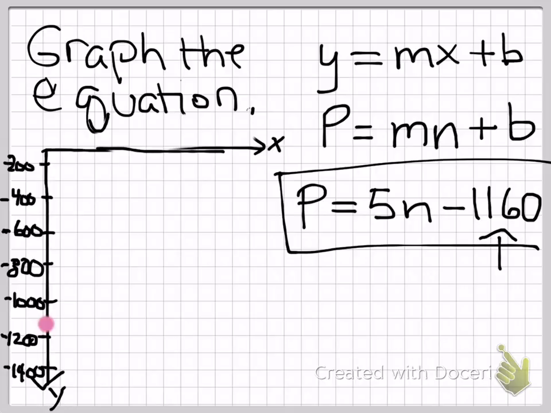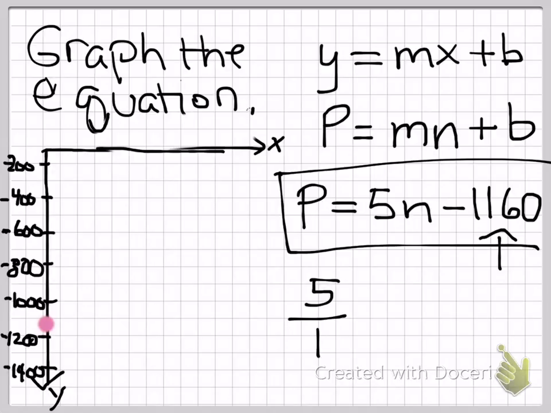Then we're going to be going up 5 over 1. So since our y-axis is such a large scale, we're going to have to think of what would be the same thing as 5 over 1 if simplified, but in terms of 200. So think about how you would get from 5 to 200.